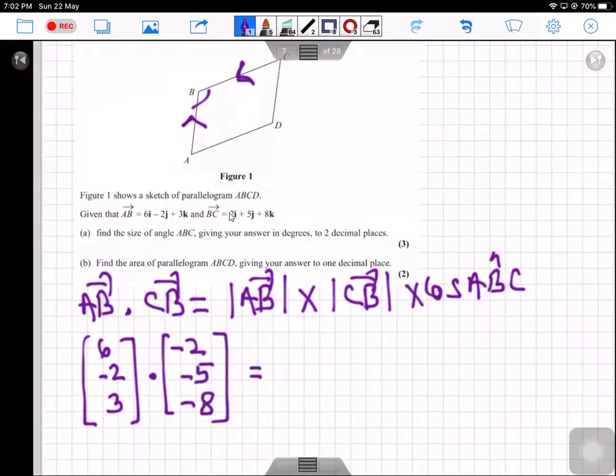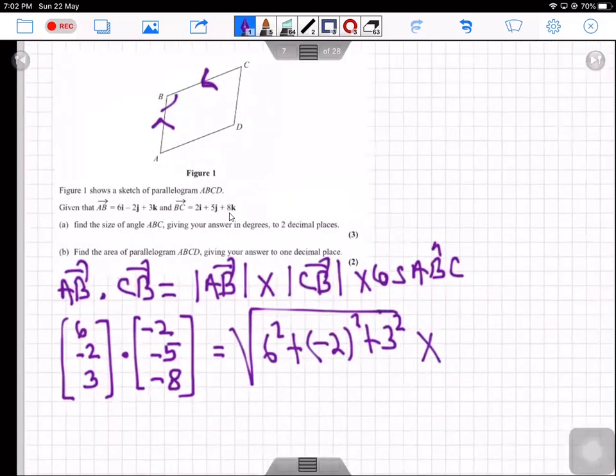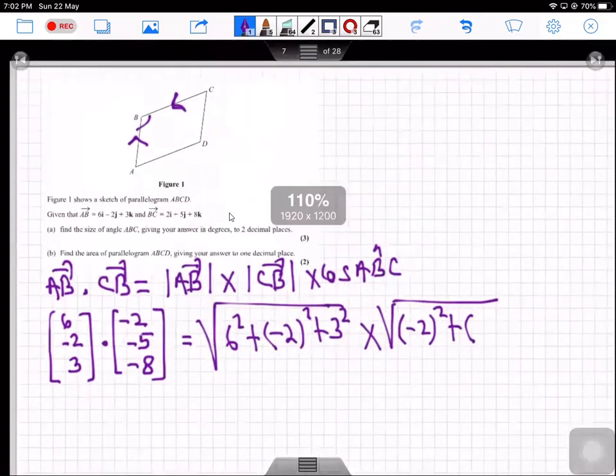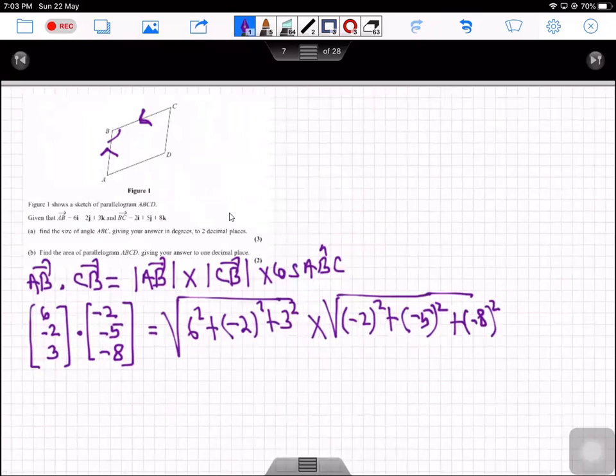This is equal to the magnitude of the vector AB multiplied by the magnitude of the vector CB. So AB vector magnitude is the square root of 6 squared plus minus 2 squared plus 3 squared, multiplied by the square root of minus 2 squared plus minus 5 squared plus minus 8 squared, multiplied by cos ABC.